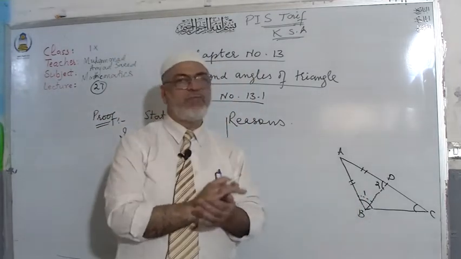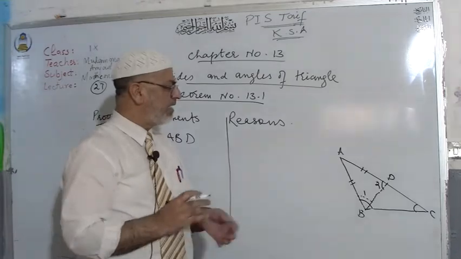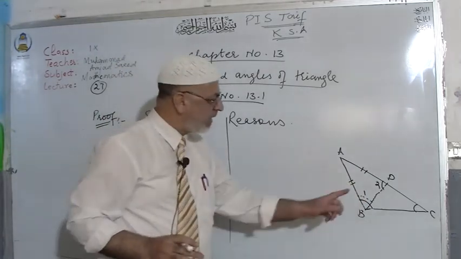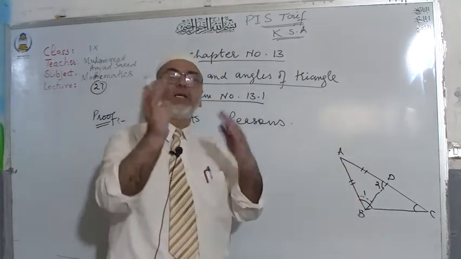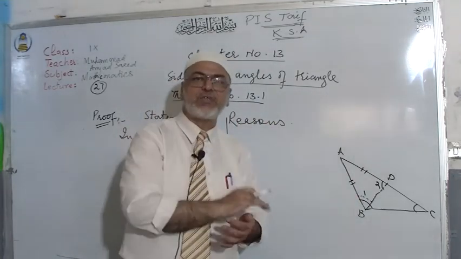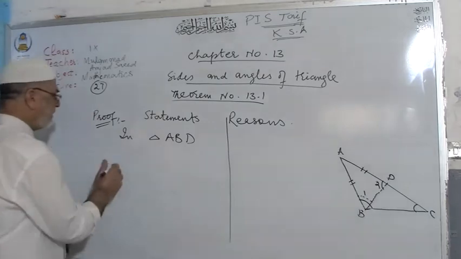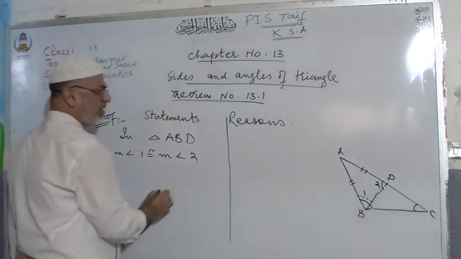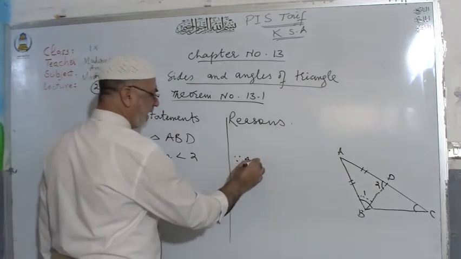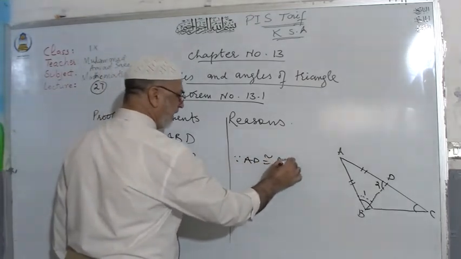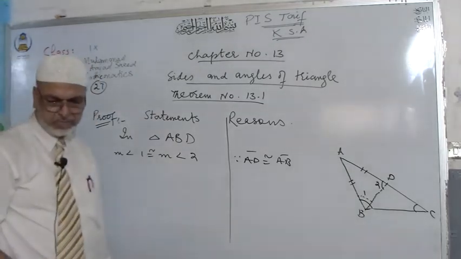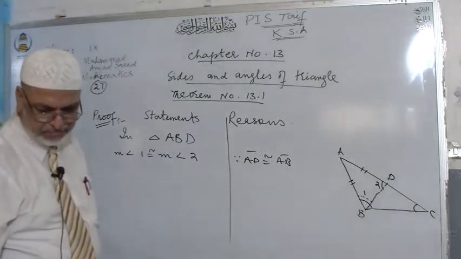In a previous theorem we have seen that whenever in a triangle two sides are equal, their opposite angles are also equal. And if their angles are equal, their opposite sides will be equal. The converse is also true. So here angle 1 is congruent to angle 2. Why? Because AD is congruent to AB. Actually that was construction.